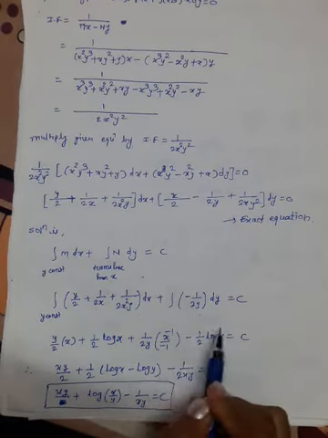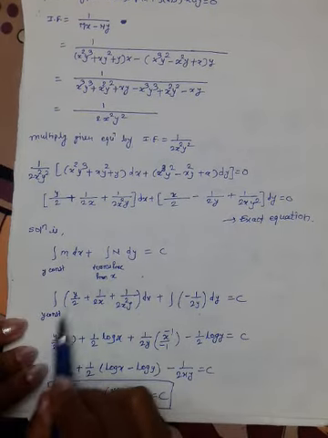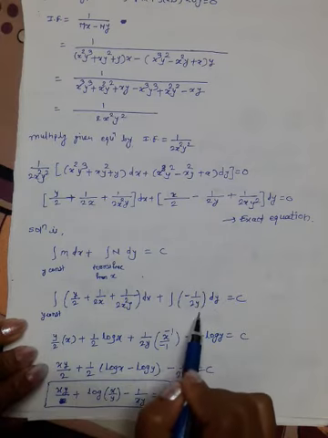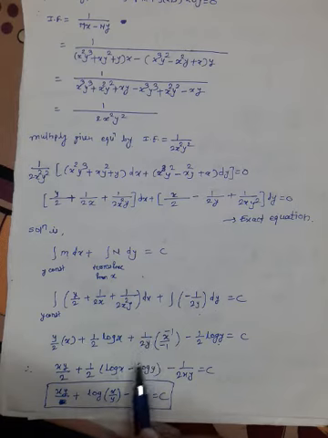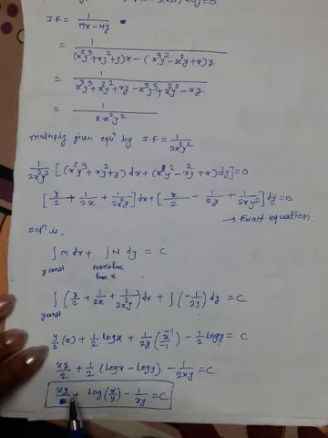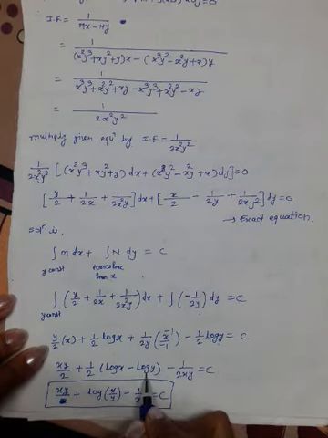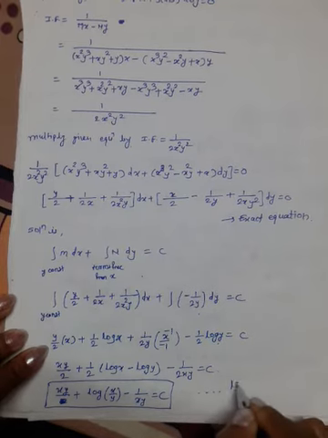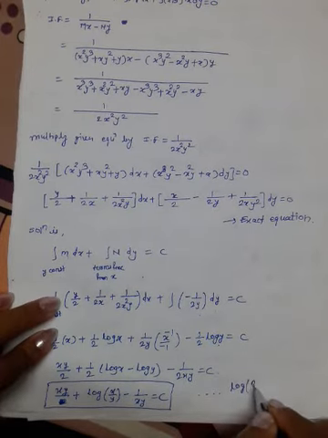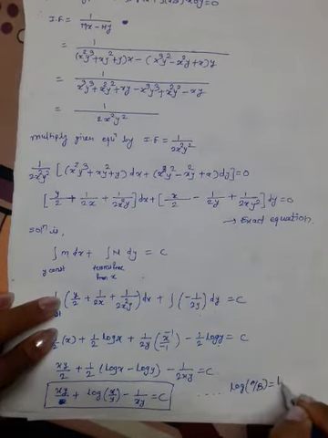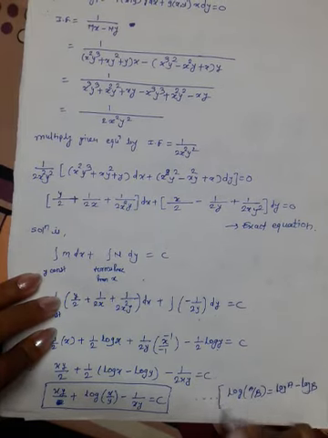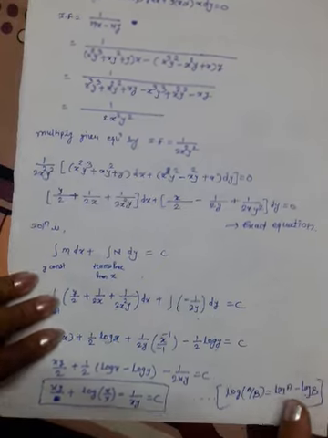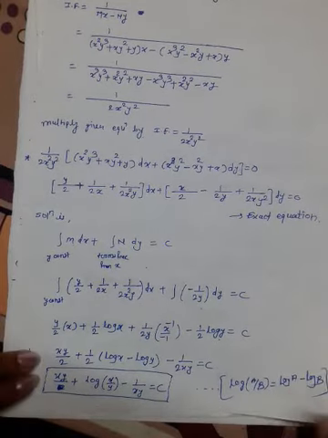Now take the integration as usual. Here y constant, and here 1 upon y integration is log y. These are the steps. Simple integration is there, and combine this log x minus log y as log a by b, formula log a minus log b. We are using this simple formula here. Answer is this.